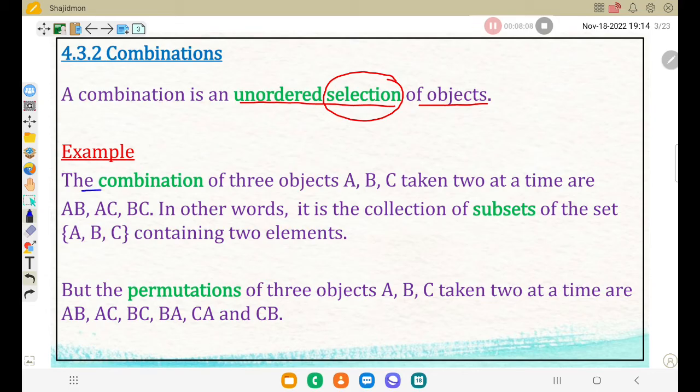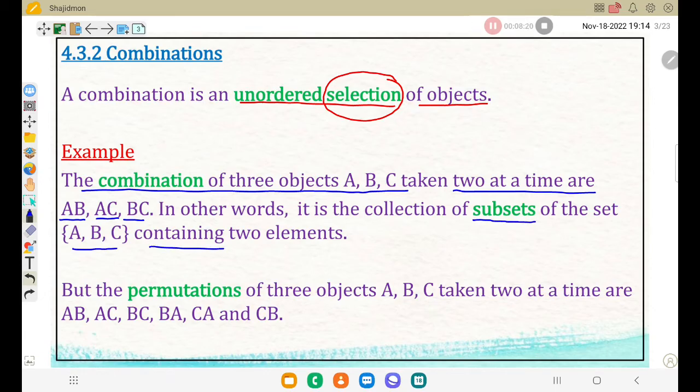In this example, the combinations of the 3 objects A, B, C taken 2 at a time are AB, AC and BC. In other words, it is just a collection of subsets of the set A, B, C containing 2 elements. What are the subsets of A, B, C containing 2 elements? That is AB, BC and AC.